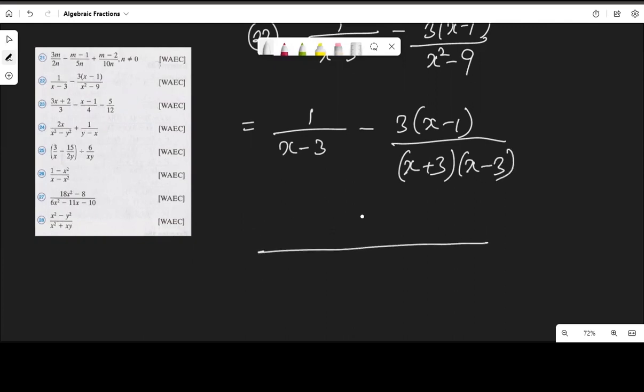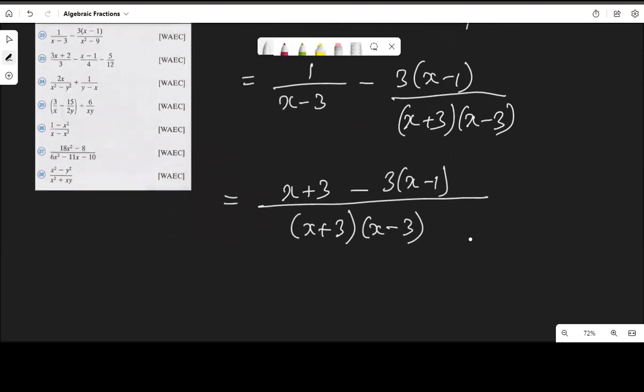So now looking for the LCM of this and this. LCM of x minus 3 and x plus 3 and x minus 3 should be x plus 3 and x minus 3. So that when I divide this by this, x minus 3 will be gone. I'll be left with only x plus 3 multiplied by 1. So I'll have x plus 3 here, and minus, x plus 3 times x minus 3 divided by this will be 1. And 1 multiplied by this, I have 3 times x minus 1.